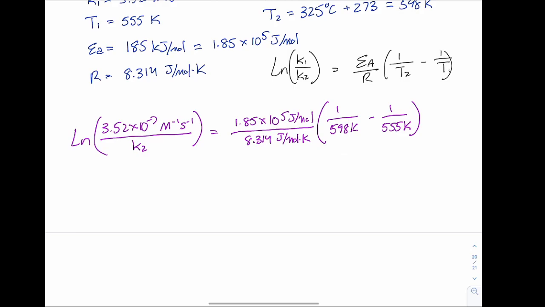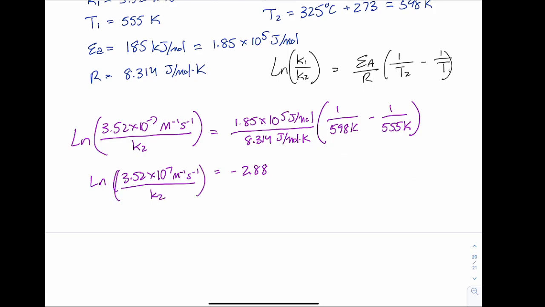So on this side, I got a negative 2.88, and then that's still equal to the natural log. And again, remember it's the natural log of that fraction.